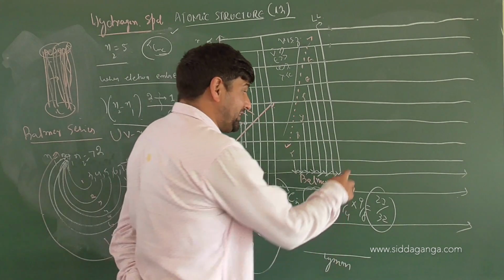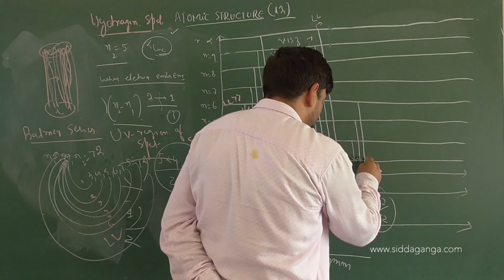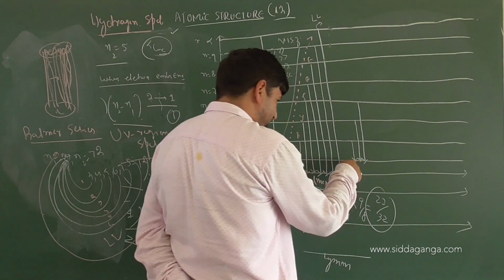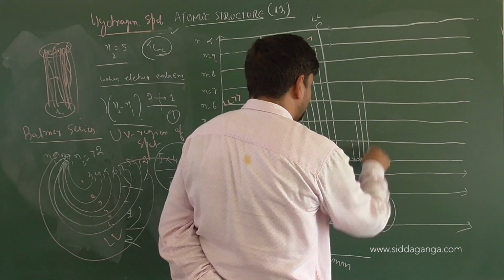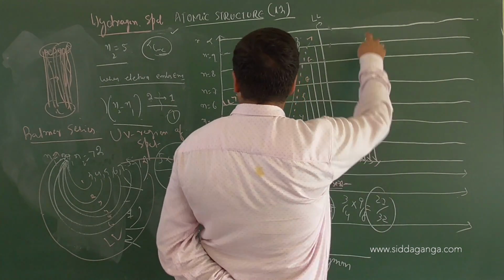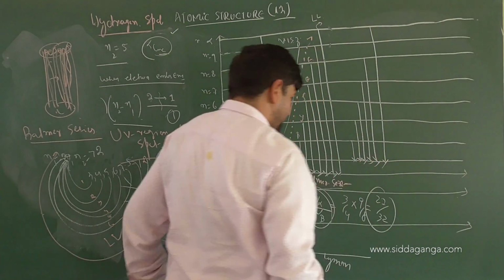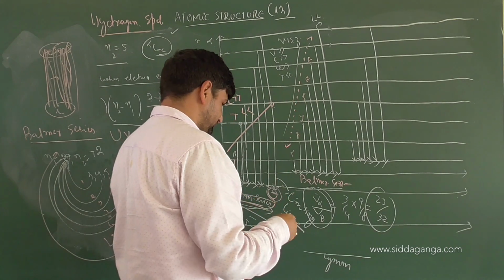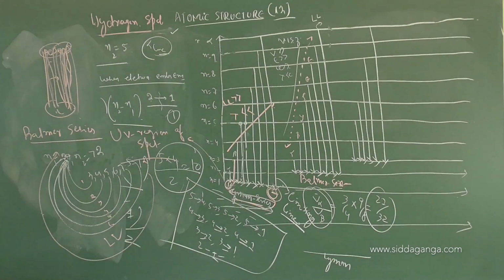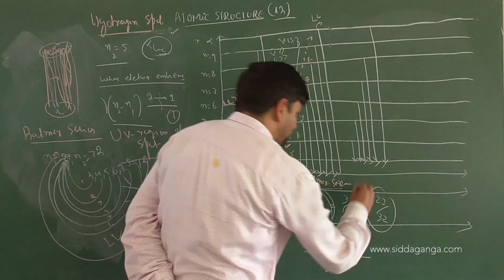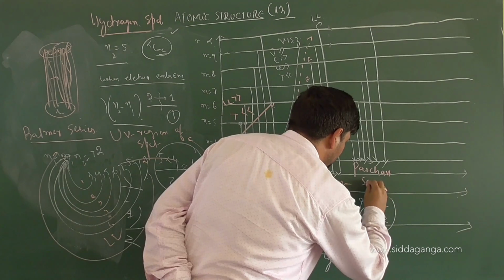Yes. When the ground state is 3, so 4 to 3, 5 to 3, 6 to 3, then you have 7 to 3, then 8 to 3, then 9 to 3, then infinity to 3. This series, children, is called as Paschen series. What series?